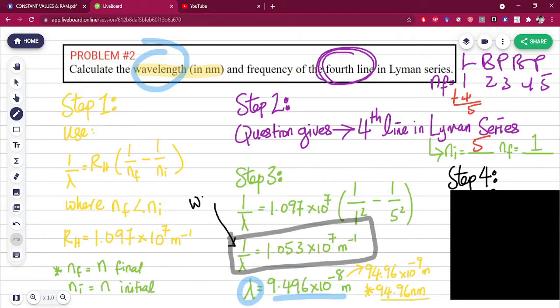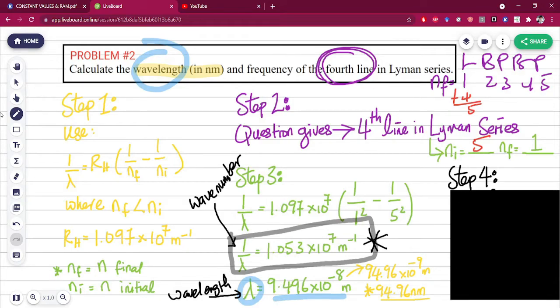This is the wave number. Okay, so if the question is asking you to find out what is the wave number, you're going to leave your answer in this form. Okay, so you have per meter instead. So this is wave number. This is your wavelength. So remember that, guys.